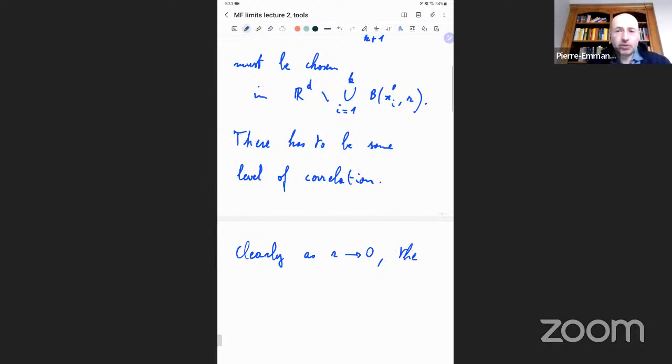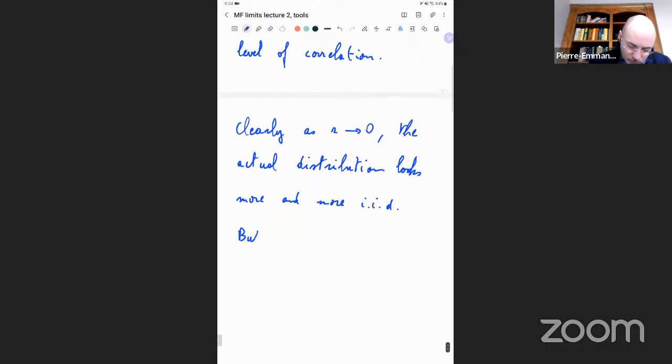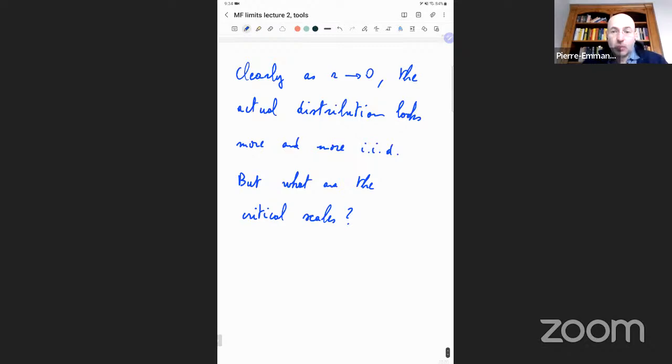So the actual distribution is going to look more and more IID, but what are the critical scales? Well, there's a first one that is relatively obvious, okay?